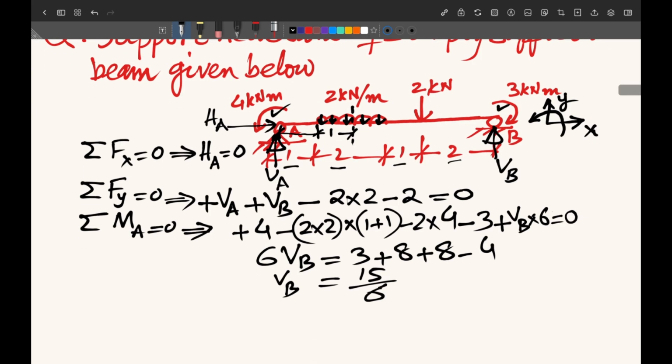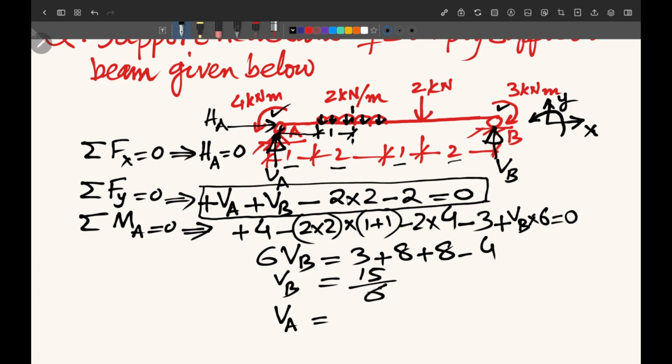Now we can calculate the value of VA by substituting the value of VB in this equation. This is our equation which gives the relationship between VA and VB.